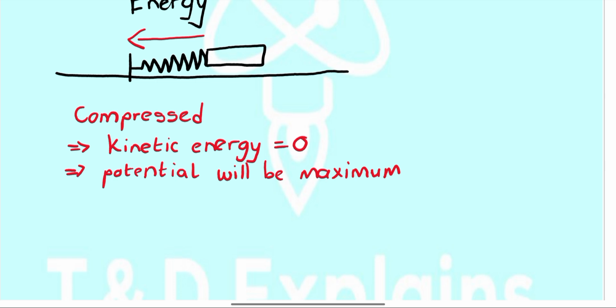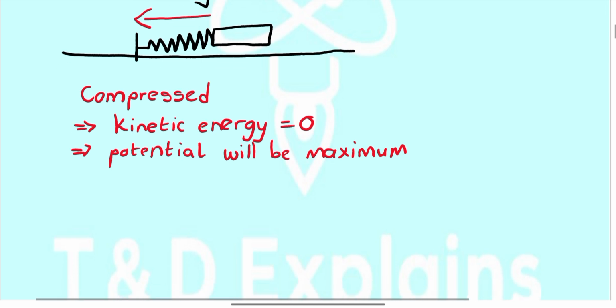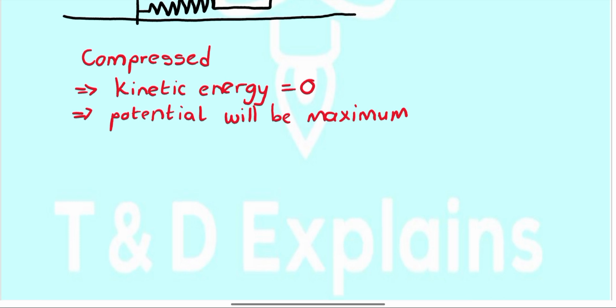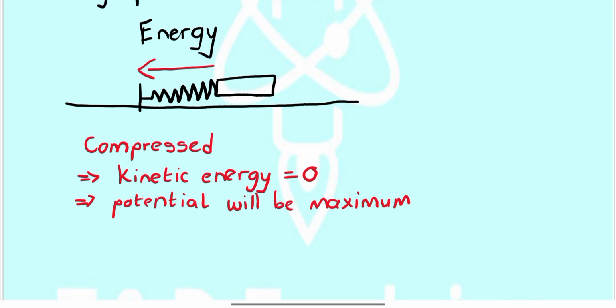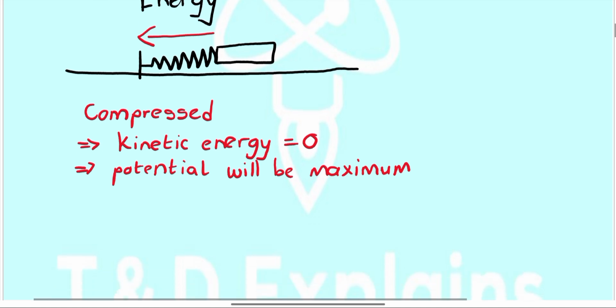In some of the questions you are yet to come across, they will ask you to draw an energy diagram. Suppose they say draw an energy diagram of a fully compressed spring.